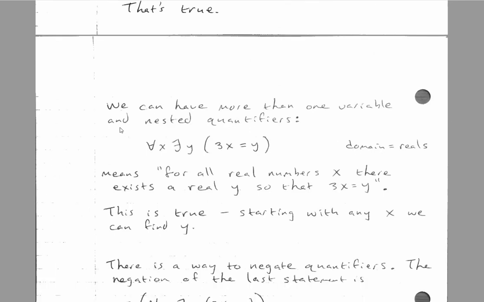Here's a more complicated one with nested quantifiers, two variables. We could have written this as P of x comma y, a propositional function of two variables, but it's simpler here just to write what it's saying.